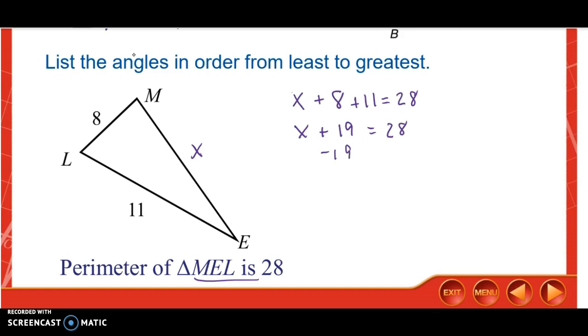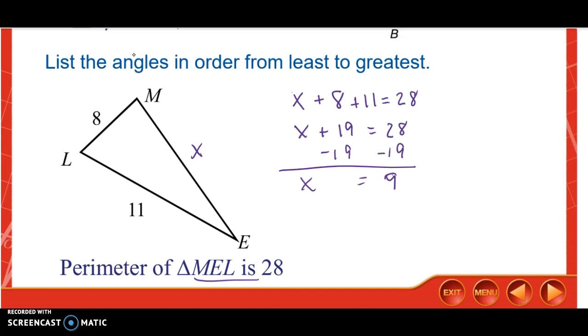Take away 19, and you end up with x is equal to 9.